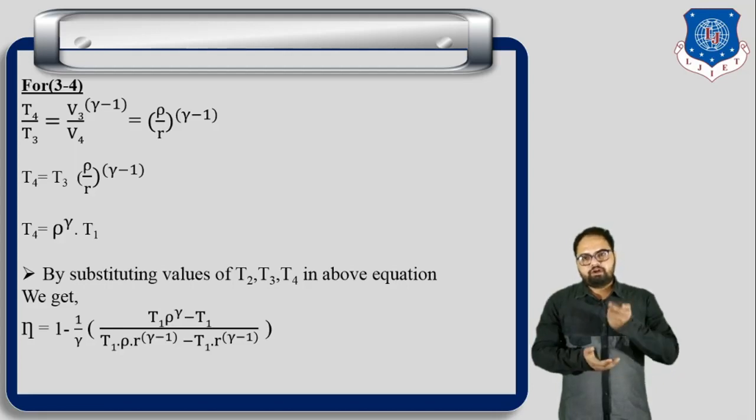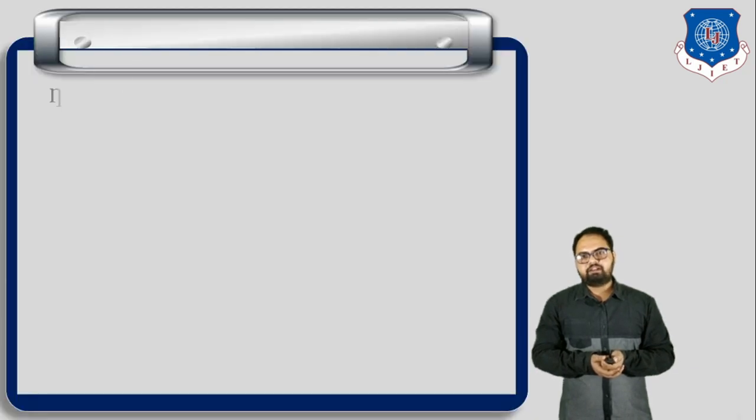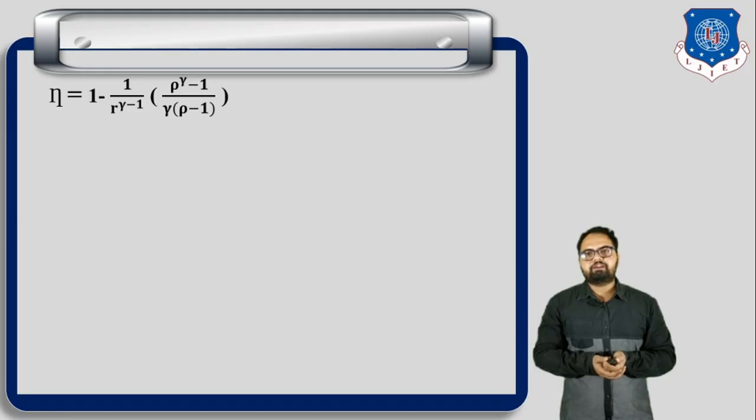From the denominator and numerator we take T1 common, so we get the next equation as 1 minus 1 divided by r raised to gamma minus 1, times (rho raised to gamma minus 1) divided by gamma in bracket (rho minus 1), and this is the equation of air standard efficiency for the diesel cycle.